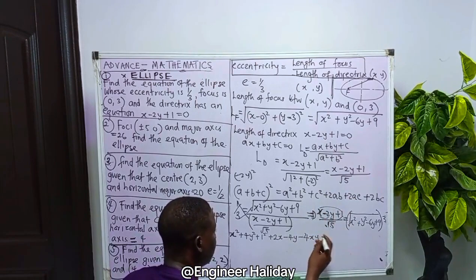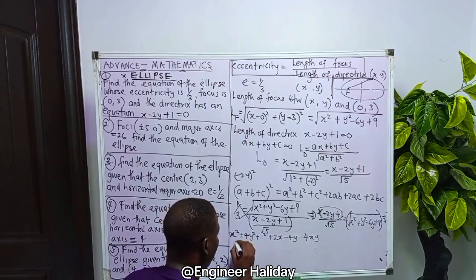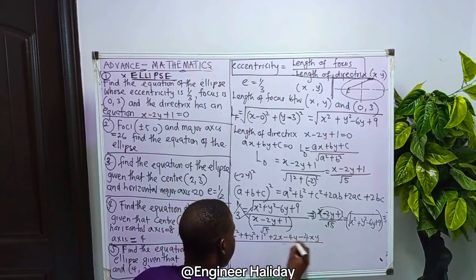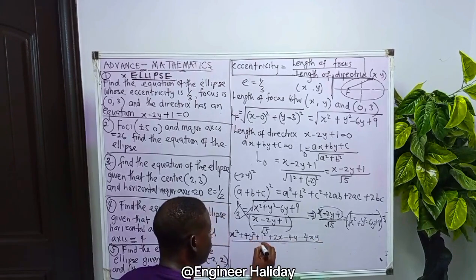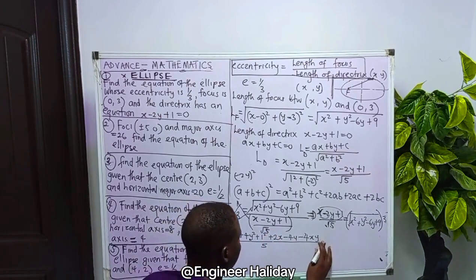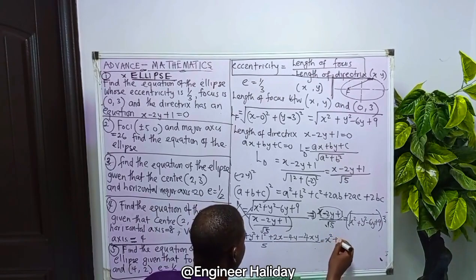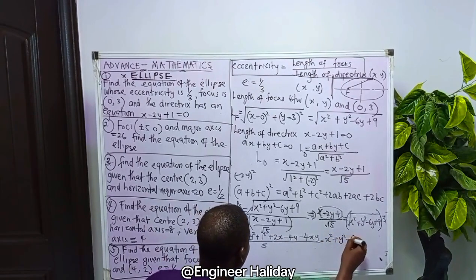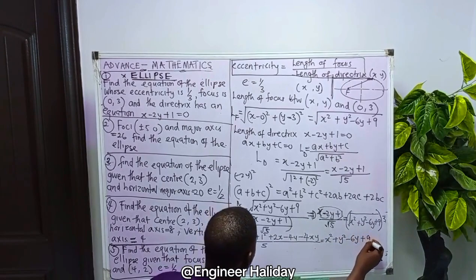Then we have done everything there, all over. We divide all through by 5, because if you square root 5, we would have 5. Now let's go to the other side. If you square all this one, what will remain is s square plus y square minus 6y plus 9.